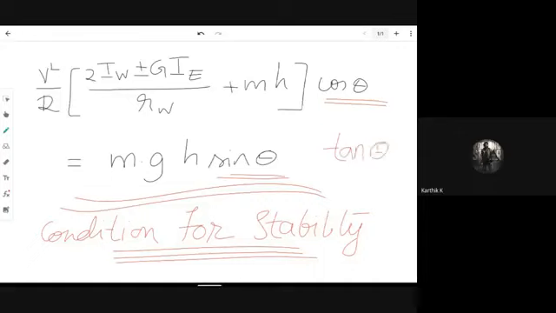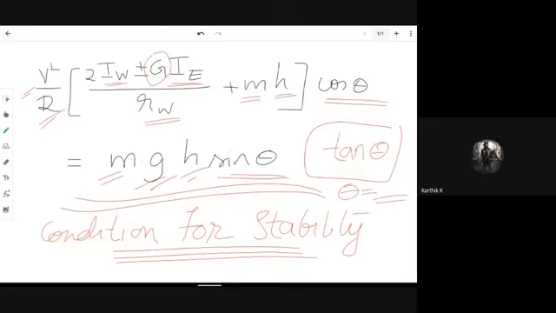So on one side you will obtain tan theta, on the other side if you have the value of each and every term like Iw, Ie, Rw, mass, distance of center of gravity, you can find the linear velocity value, the capital R will be given, and the value of G can be found out. If you find out all these values, on one side of the equation you can obtain tan theta, and the other side you can combine all these terms and arrive at a numerical value. Then if you find the tan inverse of that particular value, you can directly obtain the value of theta. So what is theta? Theta was the angle of heel.